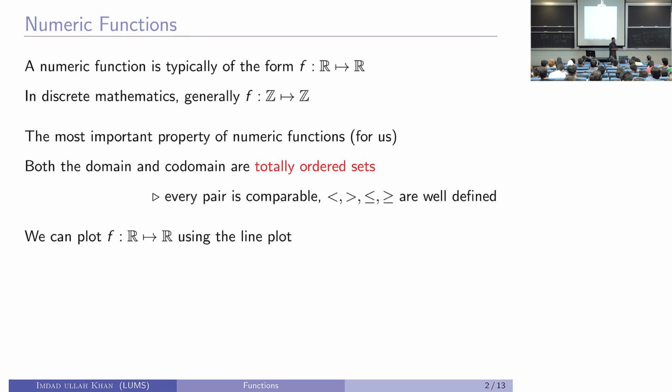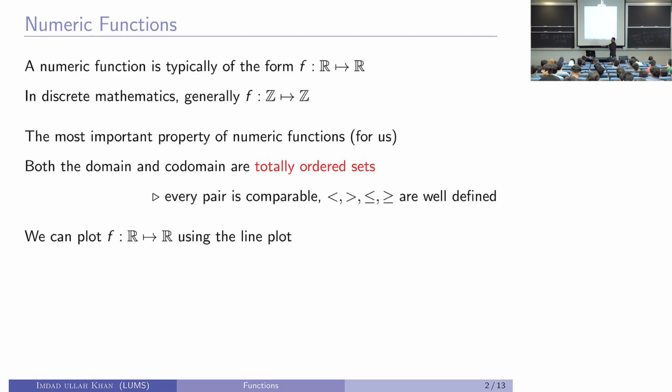This is discrete work. They work on symbols, and integers are an infinite set but countable. But generally when we say numeric function, that means reals, yeah? Either the domain is real or the codomain is real, or both are real, and sometimes it could be integers too. So, these are called numeric functions.